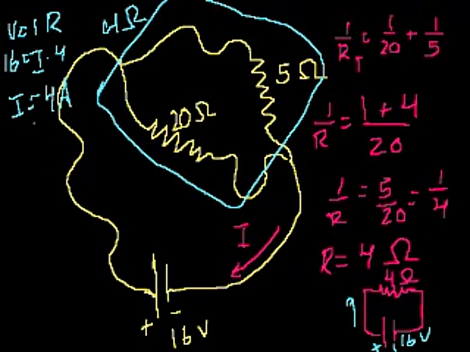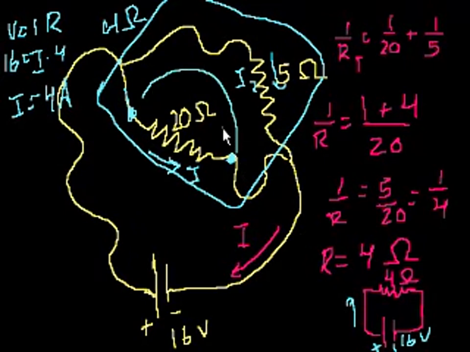So let's do something interesting. Let's figure out what the current is flowing through each resistor. What's this current? I1. And what's this current? I2. Well, we know that the potential difference from here to here is also 16 volts, right? Because this whole thing is essentially at the same potential, and this whole thing is essentially at the same potential.